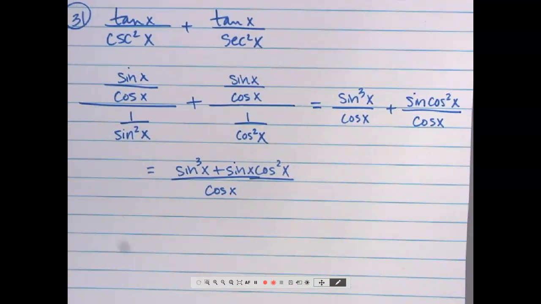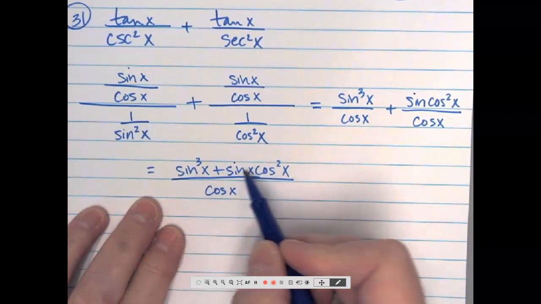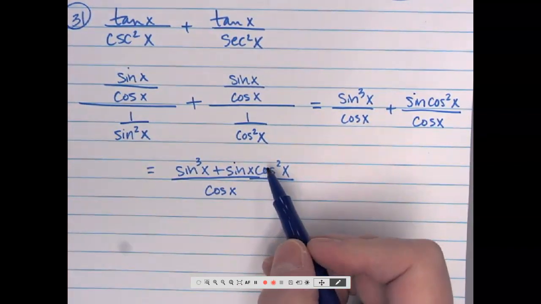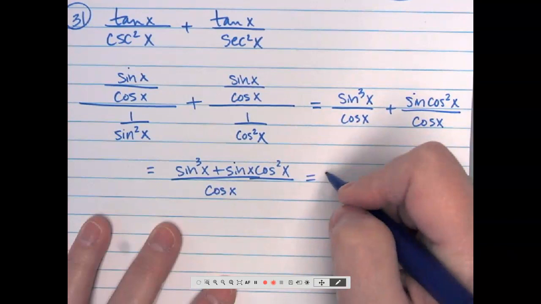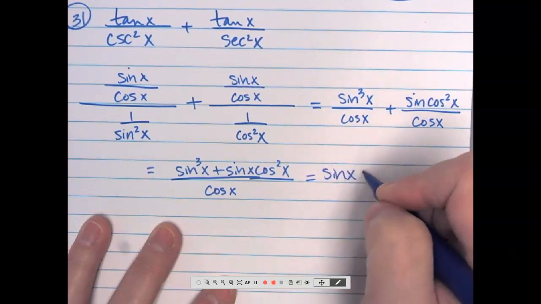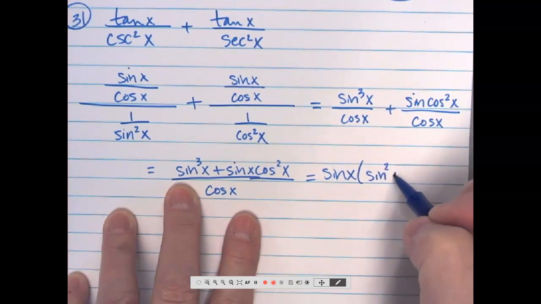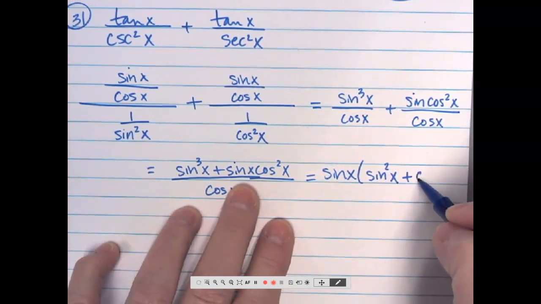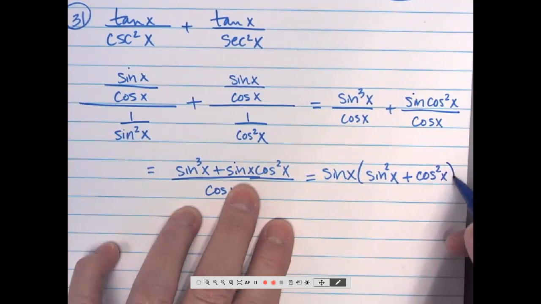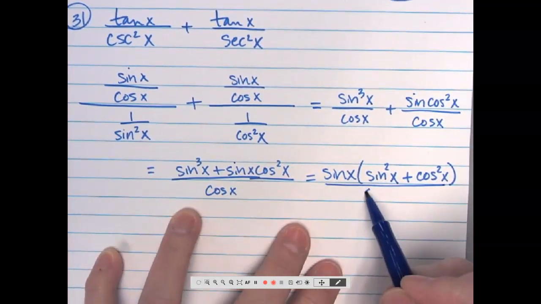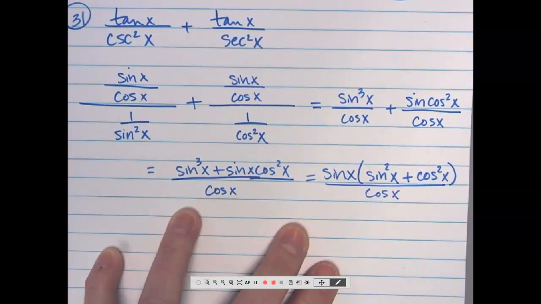All right, ideas of what we'll do next. Factor out a sine. I see a sine in both terms. Those terms are not like terms, so I can't actually add them together, but I can factor out that common term of sine, which gives me sine squared plus cosine squared over cosine.